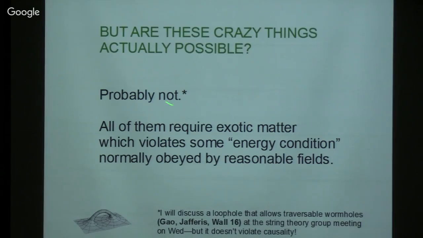Now, when I say it's not possible, this is sort of an inconsistency, because on Wednesday I'm going to be telling you about a loophole that allows traversable wormholes after all. I don't have time to talk about that now. I'm just going to tell you that actually it doesn't violate causality at the end of the day. And if you're curious about the details, you'll have to come to the string theory group meeting on Wednesday.